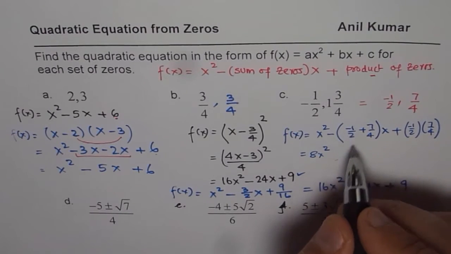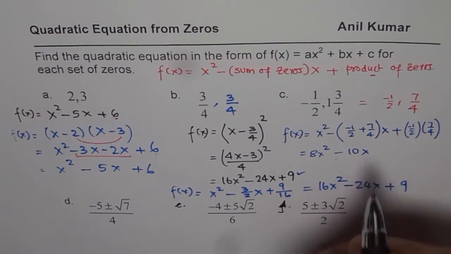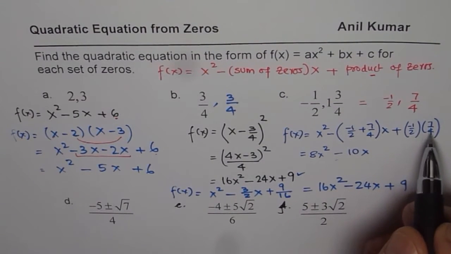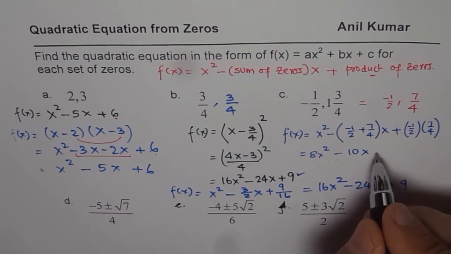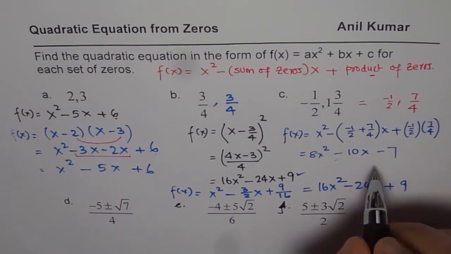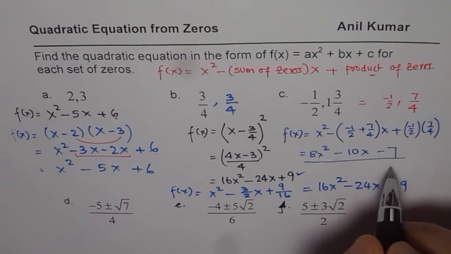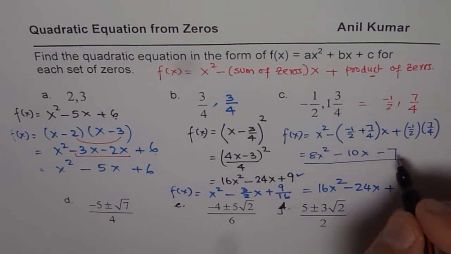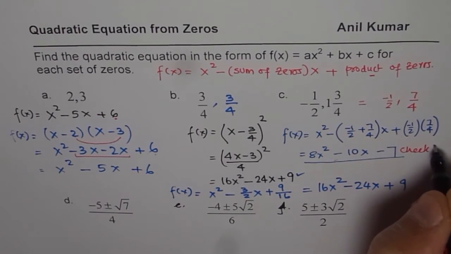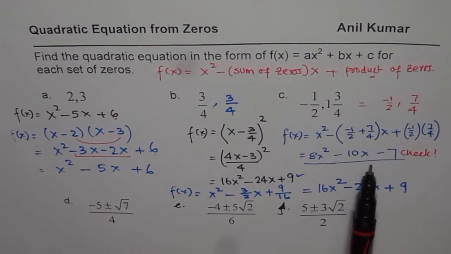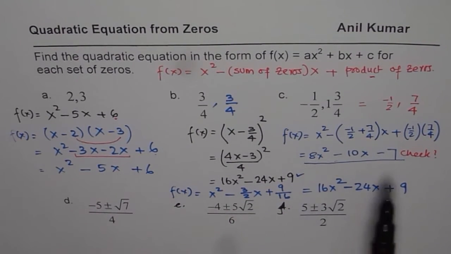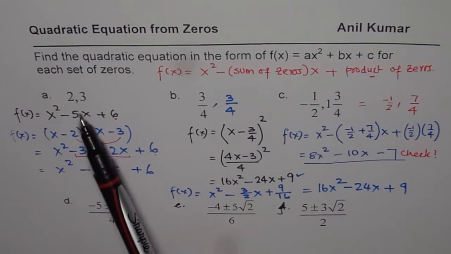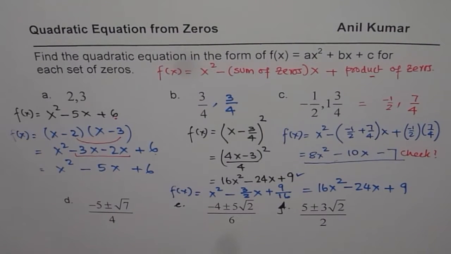So you get minus 10x on this side, and when you multiply these, you get 7 times minus 1, which is minus 7. So that is the expected answer, but you need to check it, right? Well, I just did some rough work. Anyway, you have understood how to find the equation in standard form when you have roots given to you.